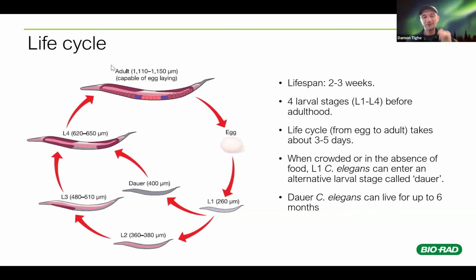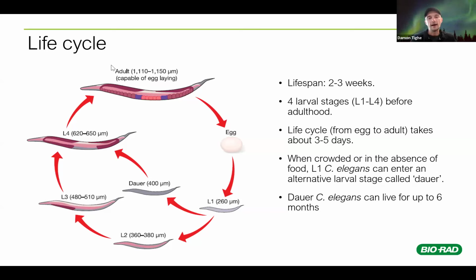The life cycle of C. elegans: you will go from your adult through 4 larval stages. That hermaphroditic adult can produce an egg. That egg then will produce your L1, and then L1 can go 2 directions based upon the environment. If the environment is unfavorable, so it's bad on temperature or bad on food, it'll go into the dauer state, where it can pause itself.